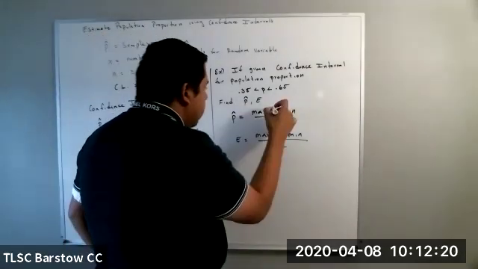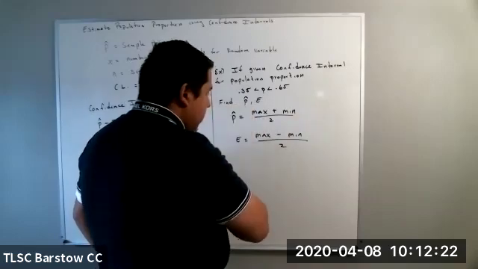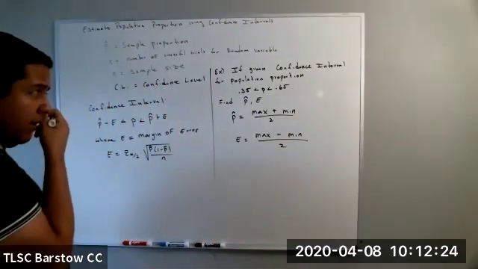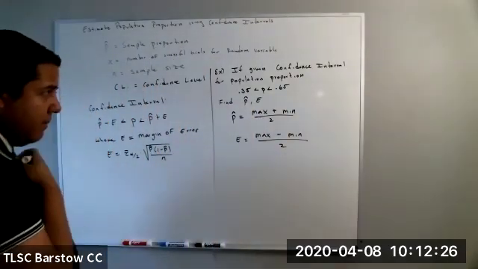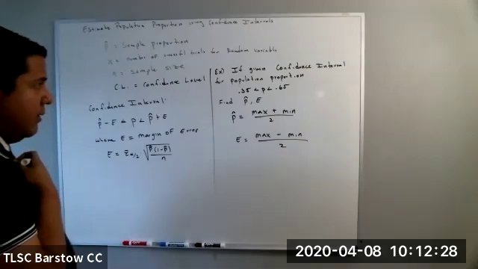So the error should, this should be plus and this should be minus. So P hat is the max plus the min, and then the error is max minus min, and that should give us the population proportion.